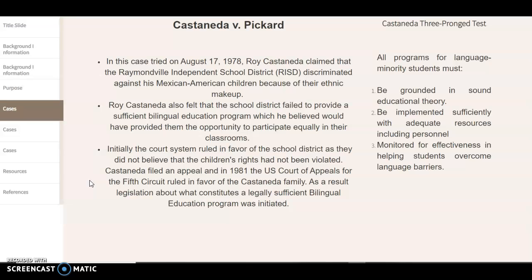And this brought about what was then called the Castaneda three-prong test. So all programs that were designated for language minority students had to be grounded in sound educational theory. They had to be implemented sufficiently with adequate resources, including personnel, and they had to be monitored for effectiveness in helping students overcome their language barriers.